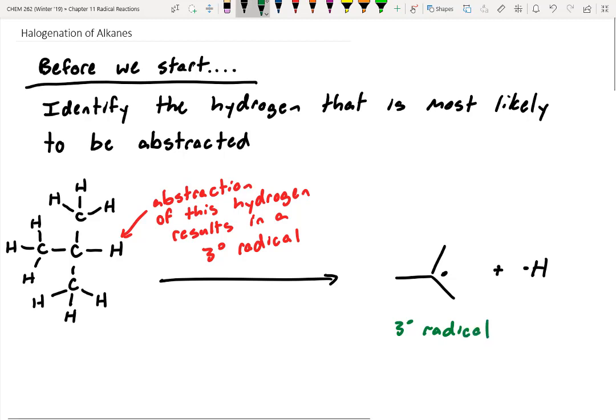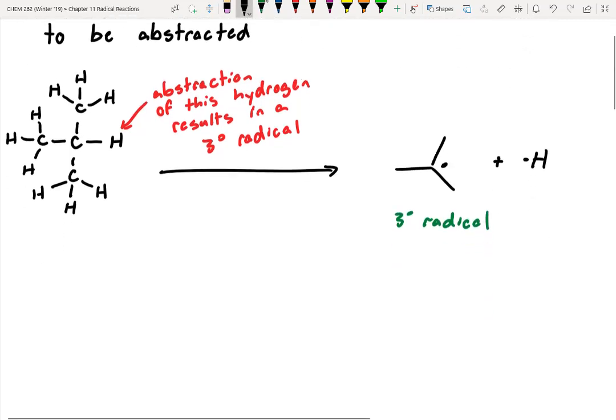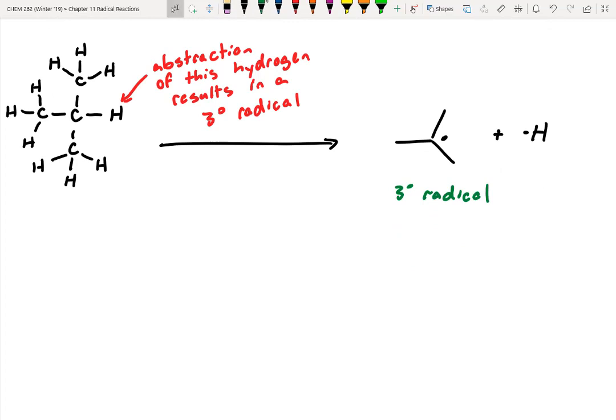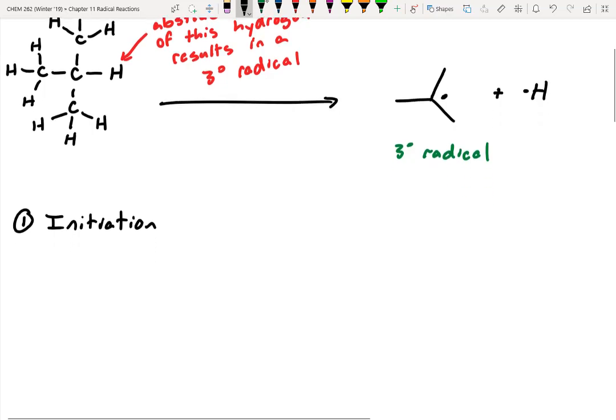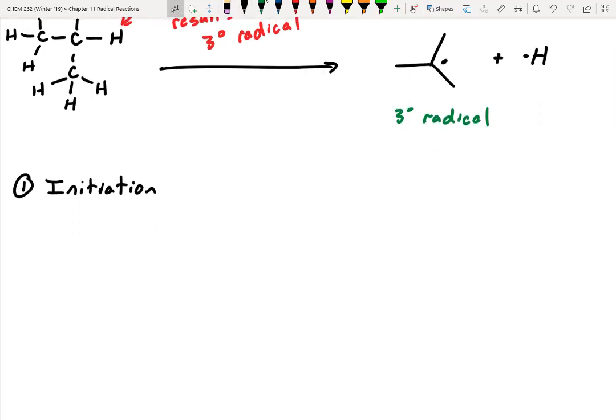All right, now that we've identified the hydrogen that's going to be most reactive, we can start doing the overall mechanism. Step 1 is initiation. For radical halogenation, initiation usually involves elemental bromine, and we'll talk about why a little bit later.